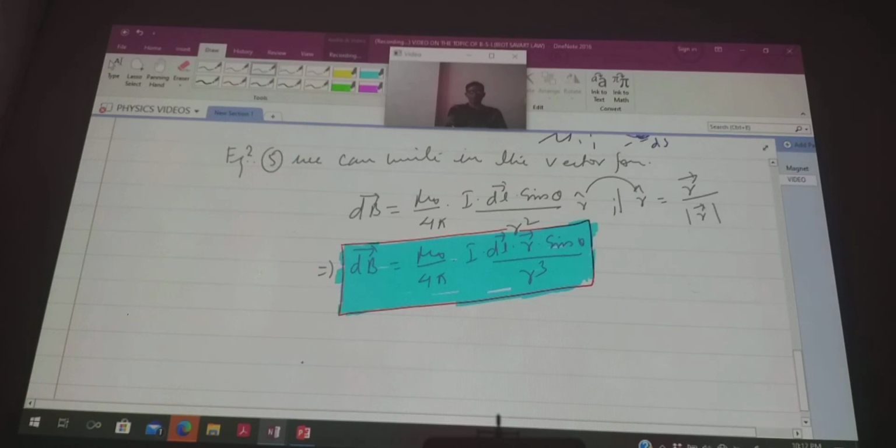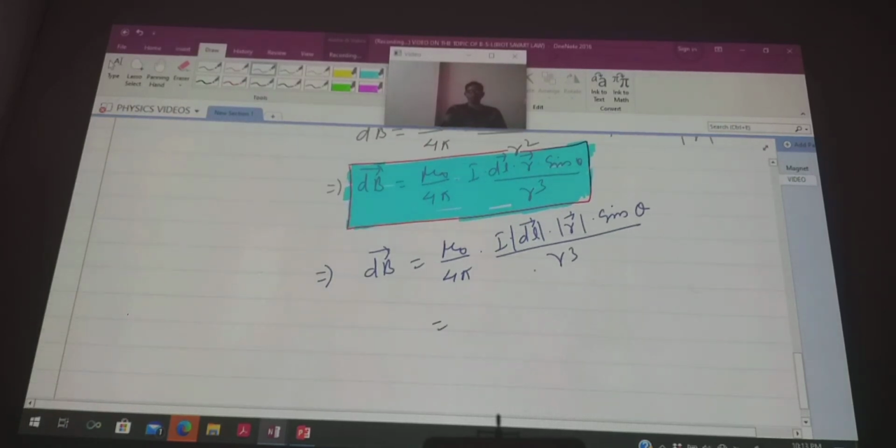We can write dB is mu 0 upon 4 pi, that is I dl, the mod of this, and sin theta, upon r cube.